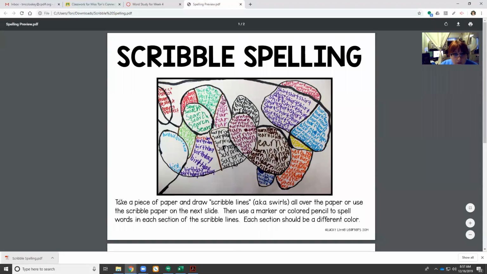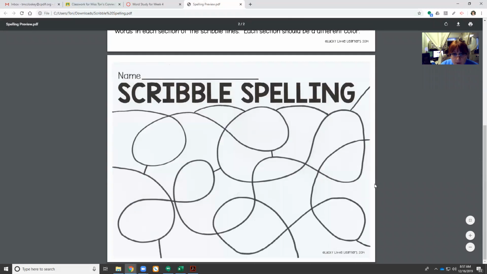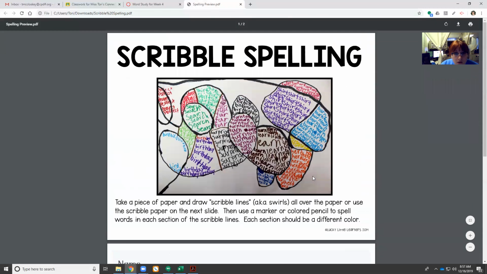You are going to take a piece of paper and draw scribble lines, which are swirls, all over it, or you can use this scribble spelling paper right here. And what you're going to do is use a different colored marker or colored pencil to write inside the swirls. And you're going to write each spelling word. There's 16 spelling words. You'll write each at least 5 times in each circle.